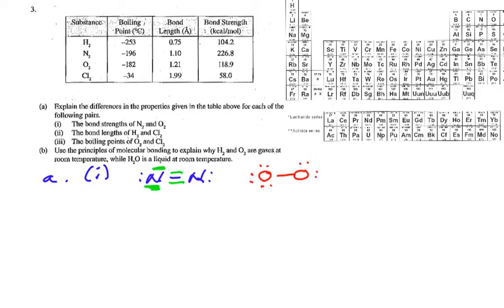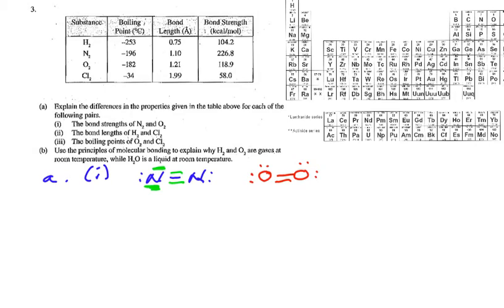But the oxygen on the right isn't happy, so we're going to have to go backwards and erase these 2 and drop them down. And then it looks like everybody's happy. We end up with 2, 4, 6, 8 electrons on that oxygen, and 2, 4, 6, 8. So oxygen has a double bond, and I think that's the reason why nitrogen has stronger bond strength.